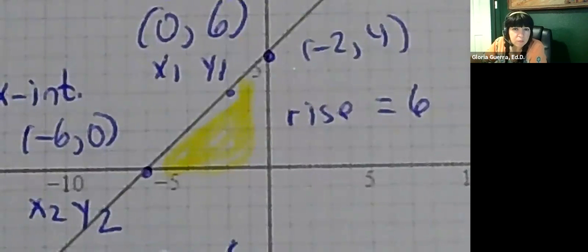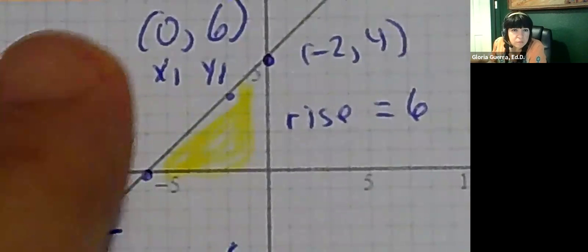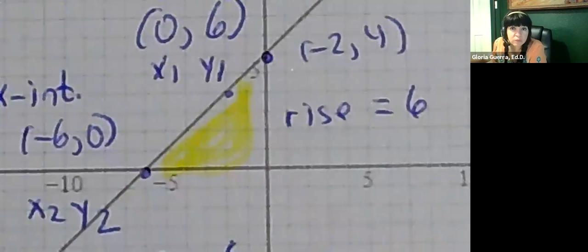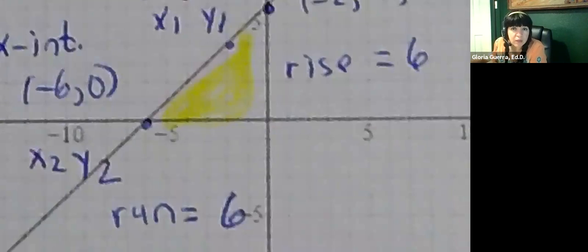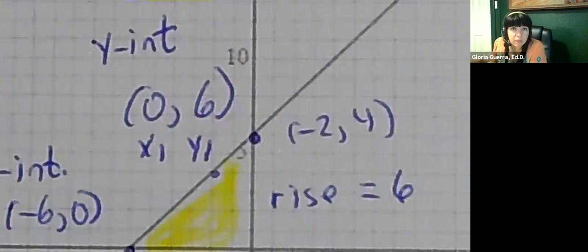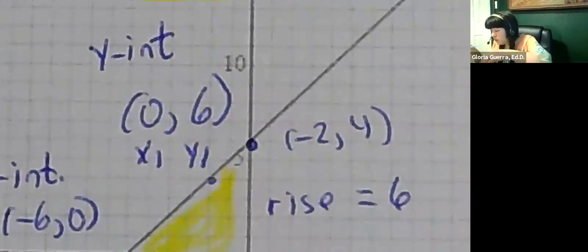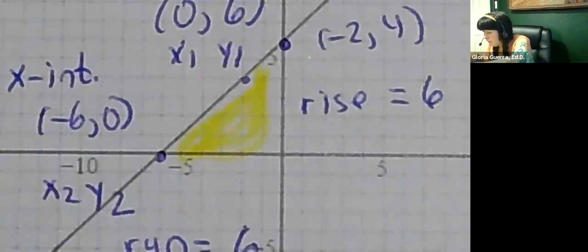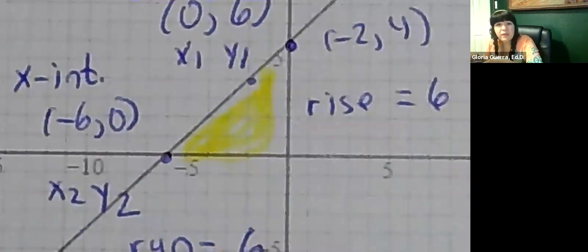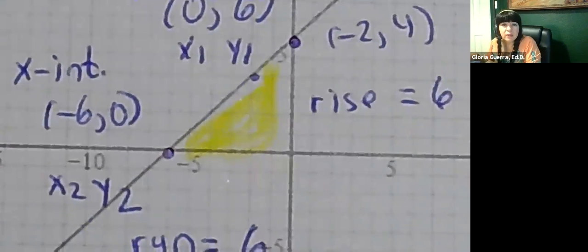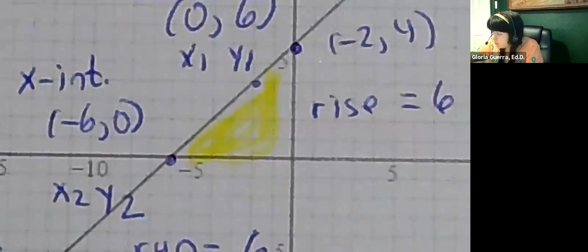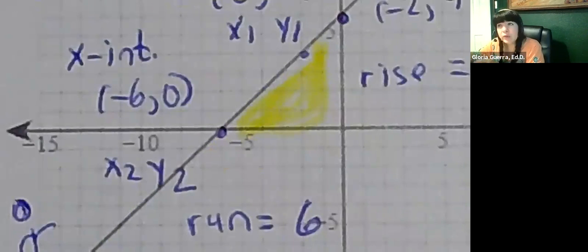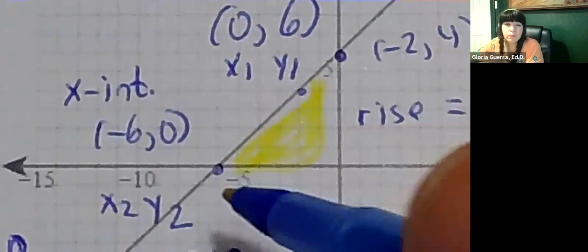And I drew over it, but if we assume that that's a point on the line, then we can use it. Because m is 1, rise over run is 1 over 1, up 1, right 1.